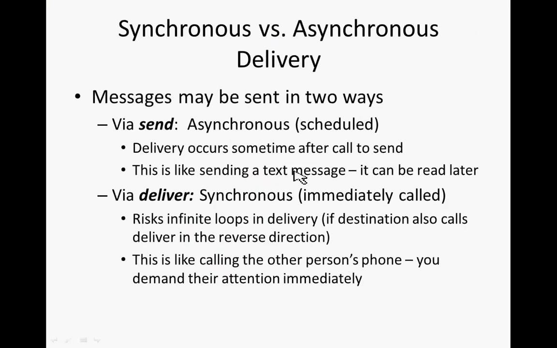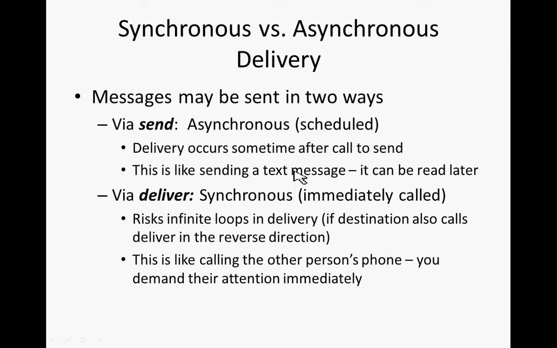So messages, it turns out, in any logic can be sent in one of two ways. One is via send, and this is asynchronous. And this is scheduled. So in other words, you say, okay, send a message to Z, and Z then gets that message in, and he doesn't have to handle it immediately. He may be in the middle of something, so he can handle it as he sees fit.